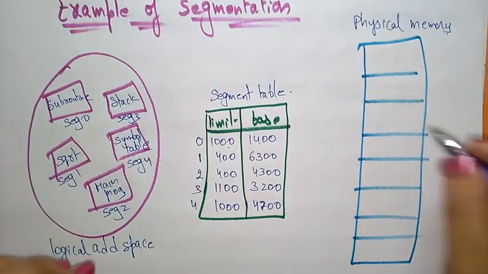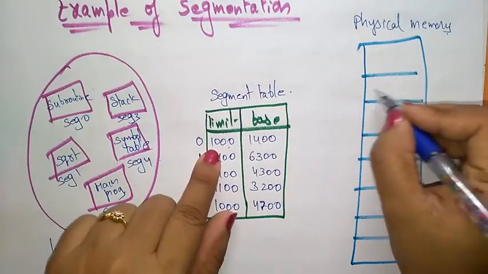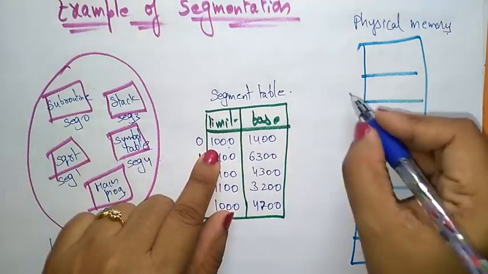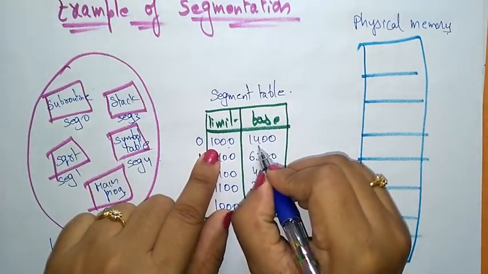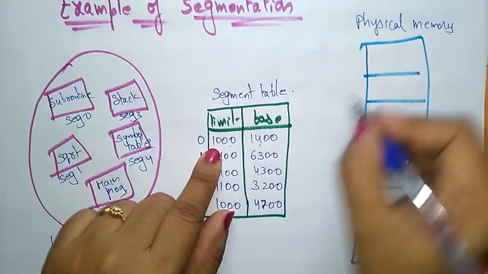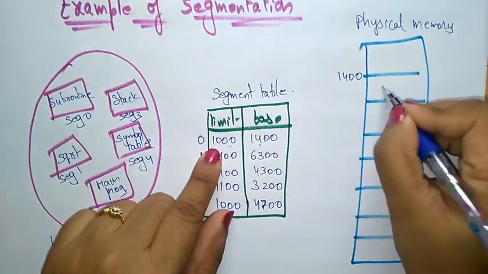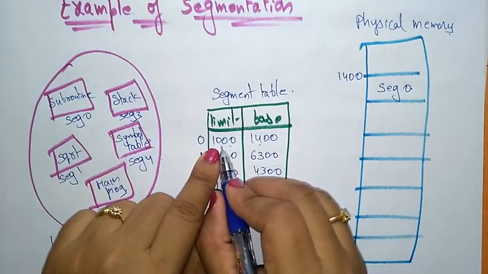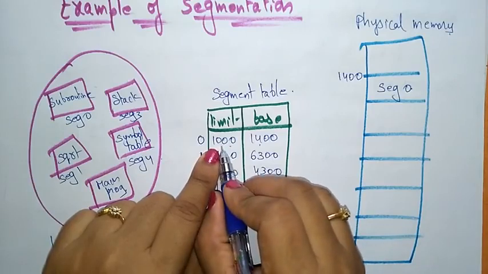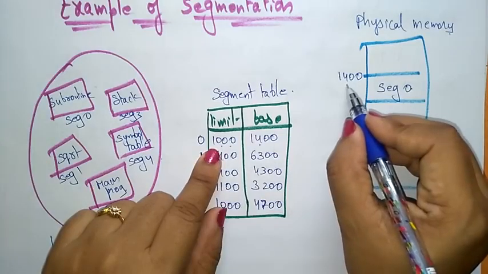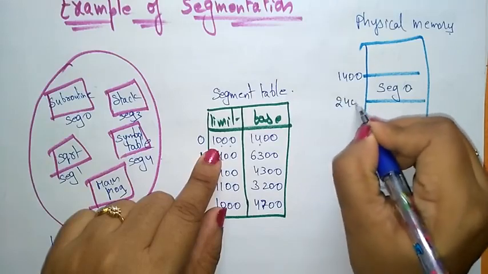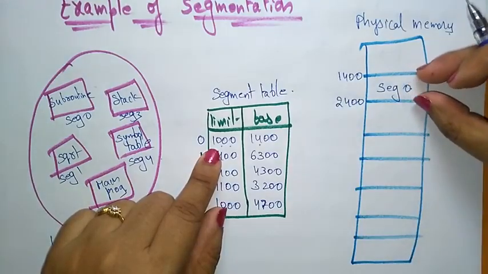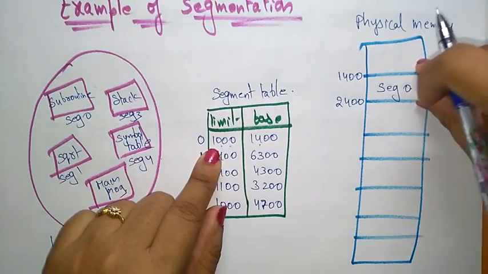First, segment 0. The base address, the starting address of segment 0, is 1400. The length of that segment is 1000, so 1400 plus 1000 is 2400. So segment 0 is stored in this location.